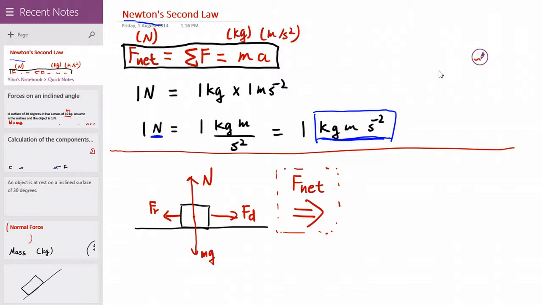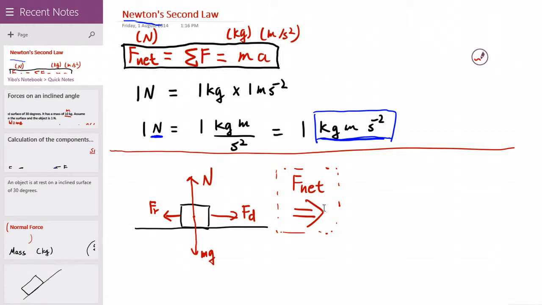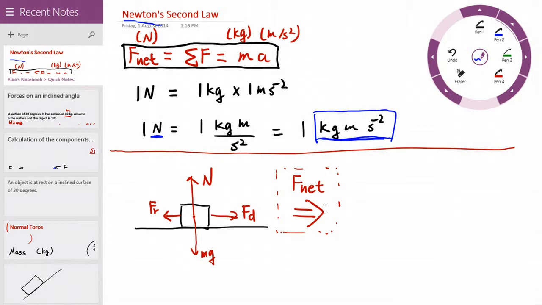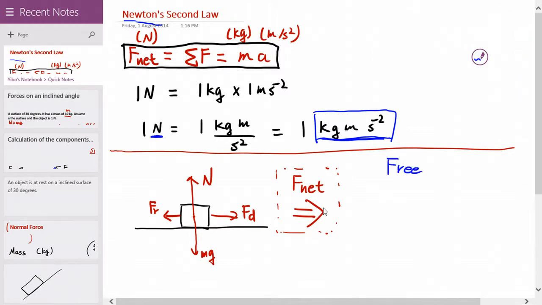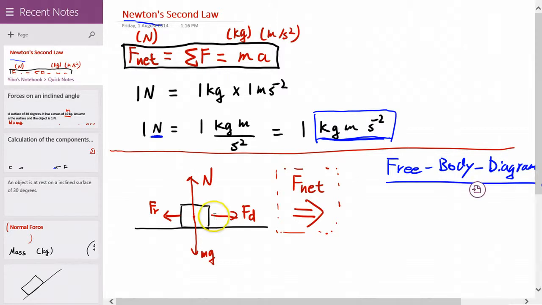It is not included in the free body diagram, but you need a second part to show that the net force is going to the right. We call this kind of diagram a free body diagram. This is a fancy word; it is just basically a force diagram.